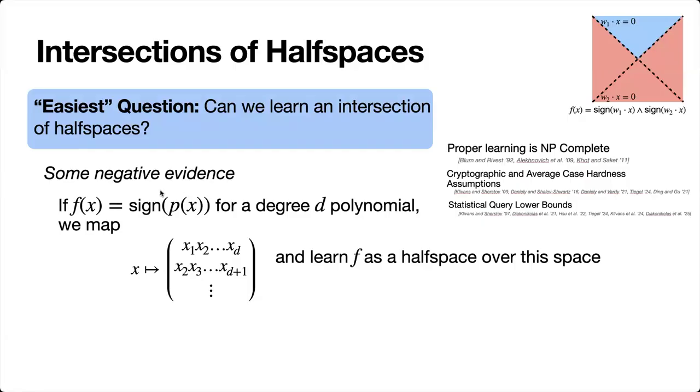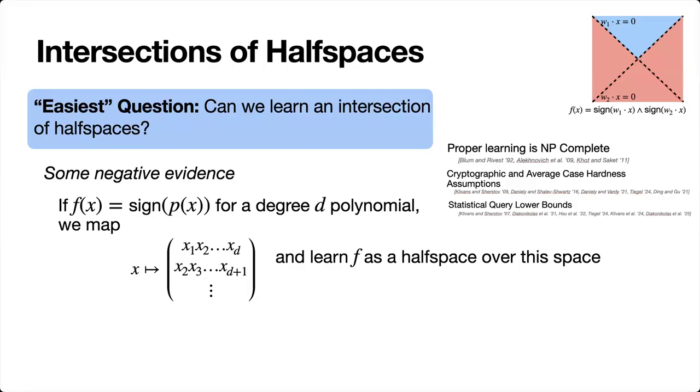In particular, what you can do is take your point x and map it to the space of all degree at most d monomials. So there'll be a term here, not shown, for degree 1 monomials, so maybe x1. There'll be a term for x2. You'll have degree 2 monomials, x1 times x2, and then you'll have the degree d monomials shown here.